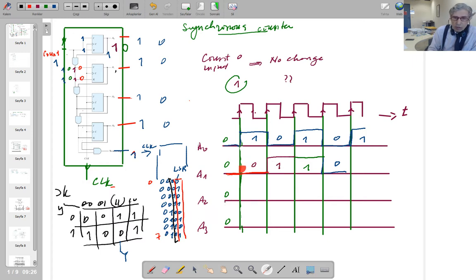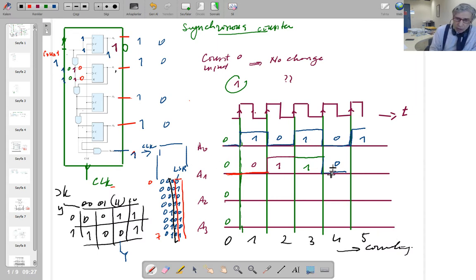So 2 zeros, 2 ones, and 2 zeros again. It goes like that. If you put them all together, if you draw A2 and A3, you're going to end up with 0, 1, 2, 3, 4, 5. That is counting. So this circuit does the counting.